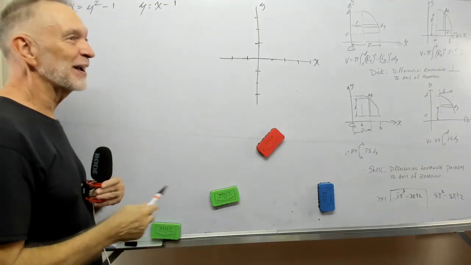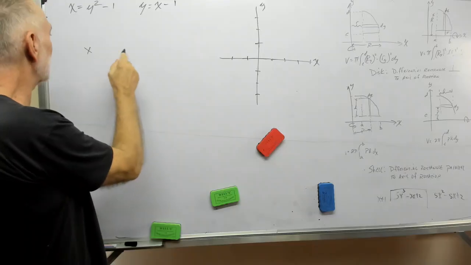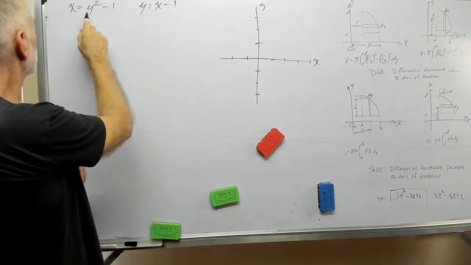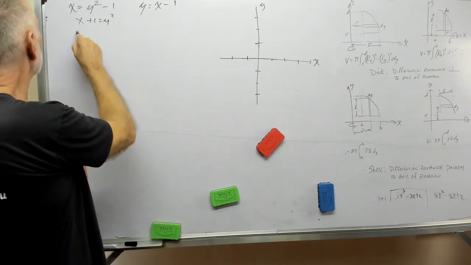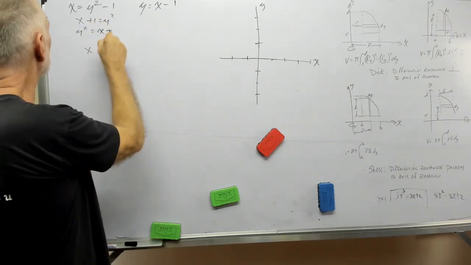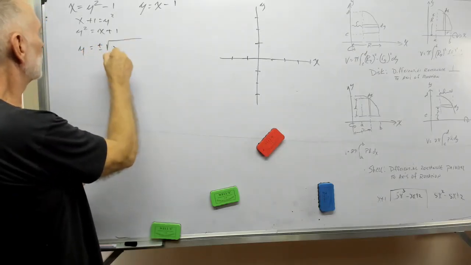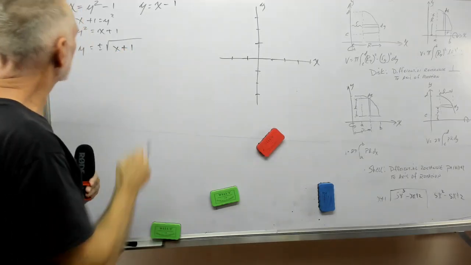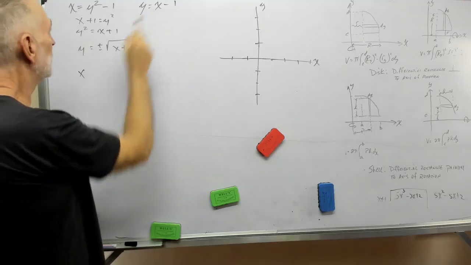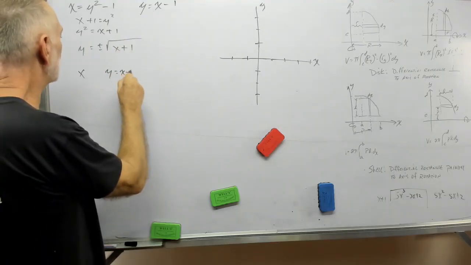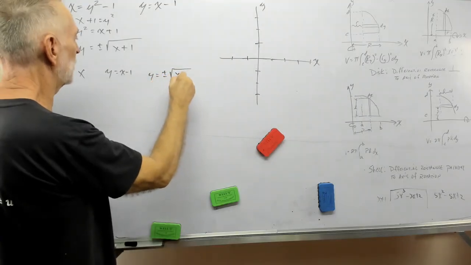It was a piece of paper and a pencil, and we would say, okay, I have values of x, and I need to solve this one for y. So x plus 1 equals y squared, so y squared equals x plus 1. y equals plus or minus the square root of x plus 1. So I would say x, then y equals x minus 1, and y equals plus or minus the square root of x plus 1.